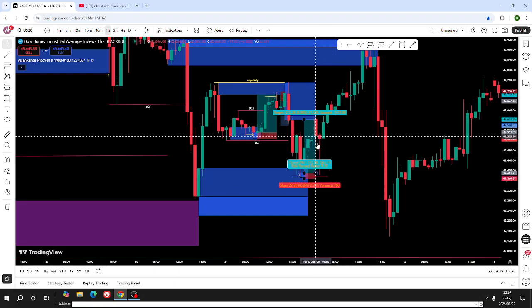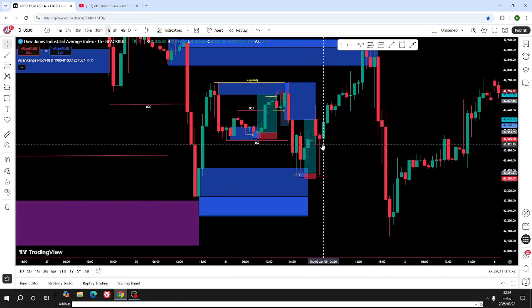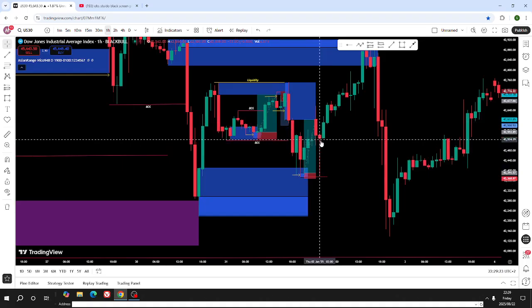So as the market comes towards the downside, we get to see this candlestick coming in. What is this candlestick?